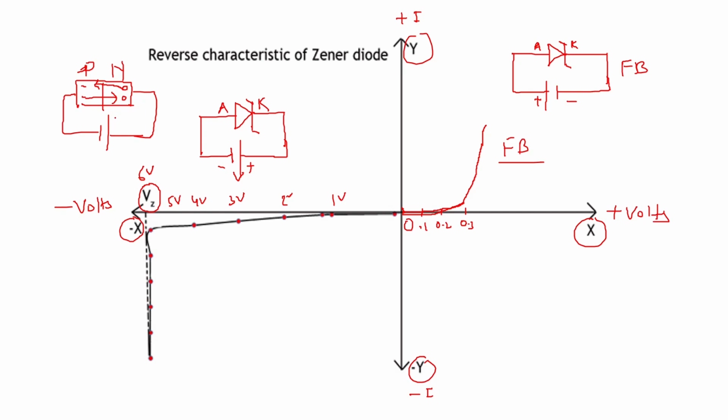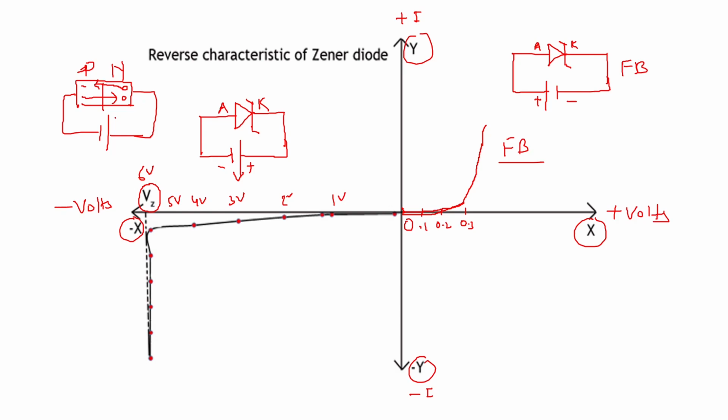As you increase the reverse voltage, and when the reverse voltage reaches the breakdown voltage of that particular Zener diode, in some diodes it can be 6 volt, in some diodes it can be 12 volts or more according to the manufacturer. That will be the breakdown voltage. At that breakdown voltage, what will happen?